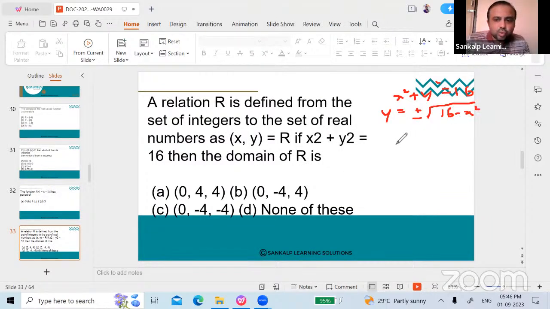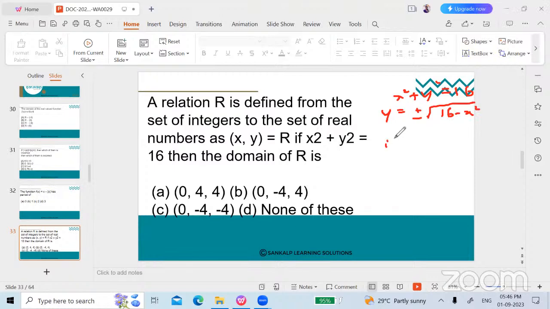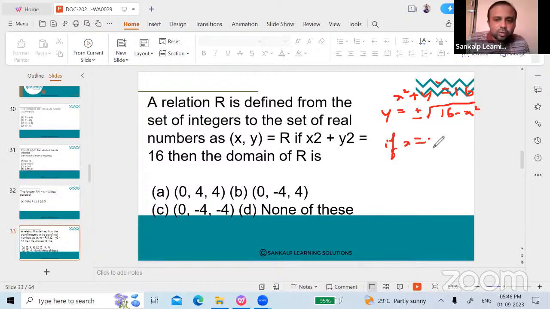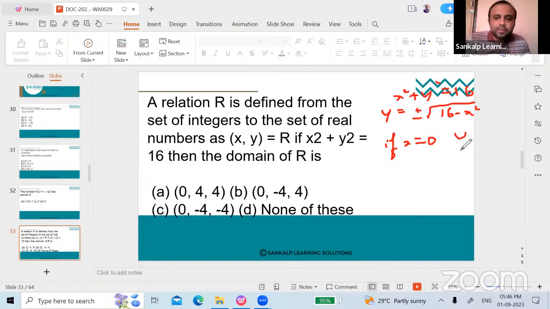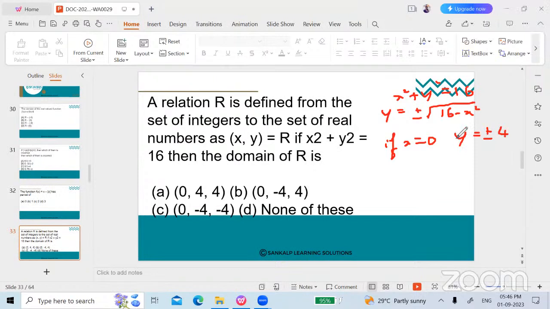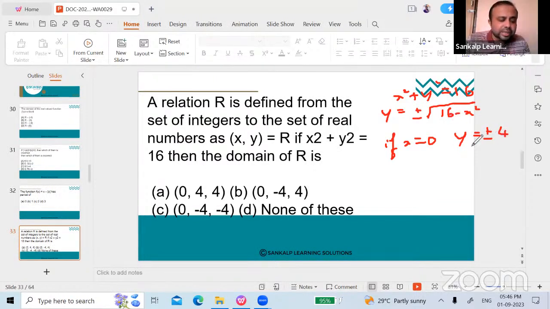Am I right? So if x is equal to 0, y is plus or minus 4. Root of 16 is what? 4, so plus or minus 4, correct?